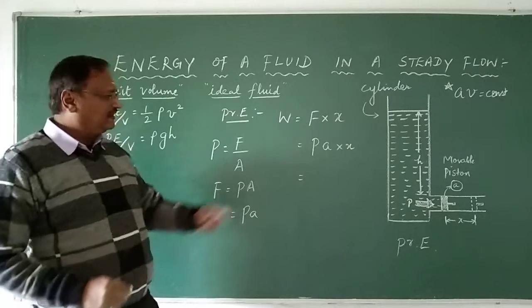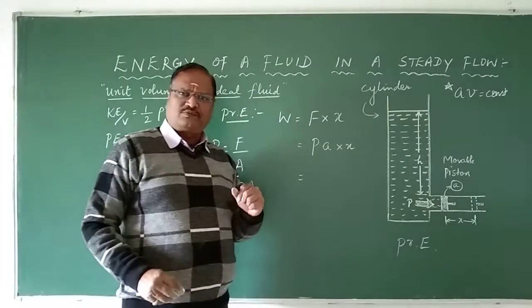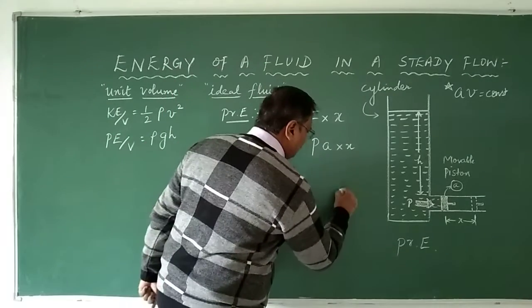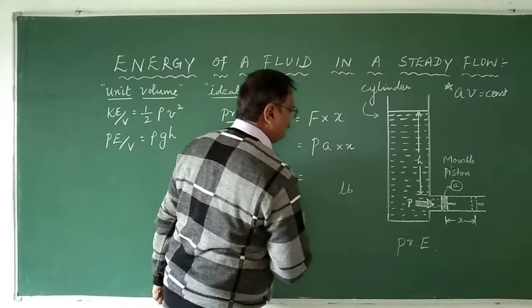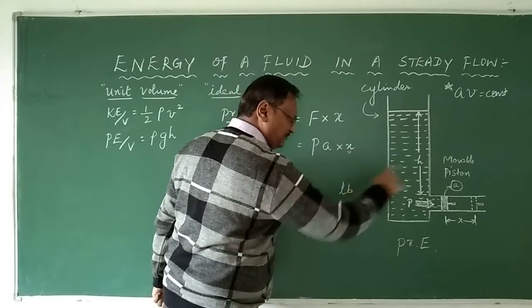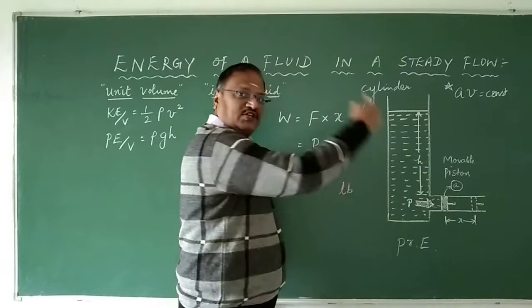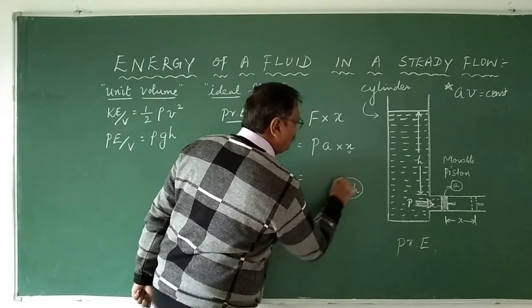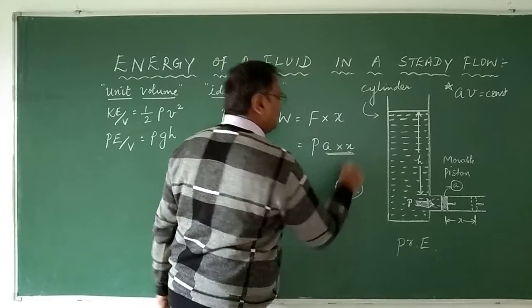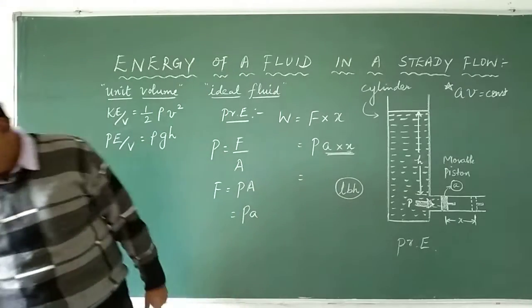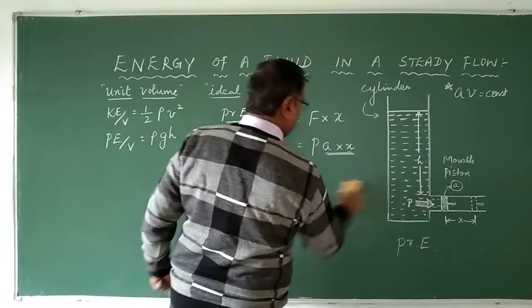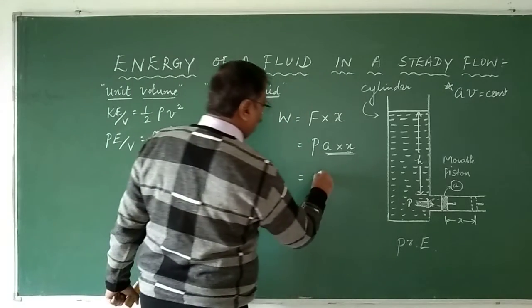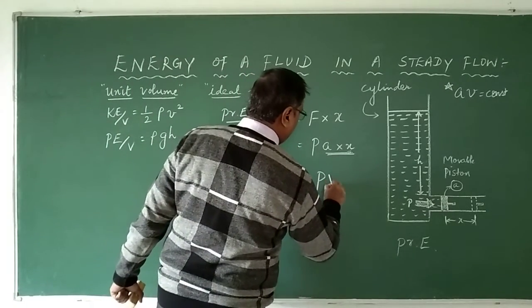So, what is area into distance? Area can be written as L into B, right? And the x is nothing but distance, length, height, LBH. So, instead of A into X, I can substitute volume. So, I have here P into V, right?